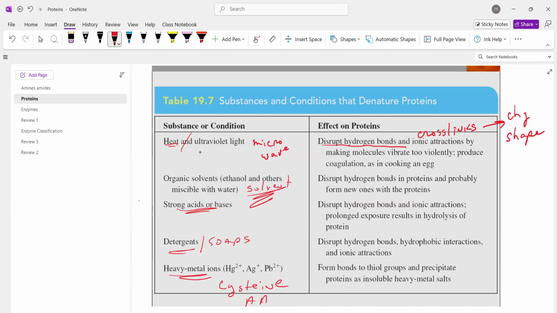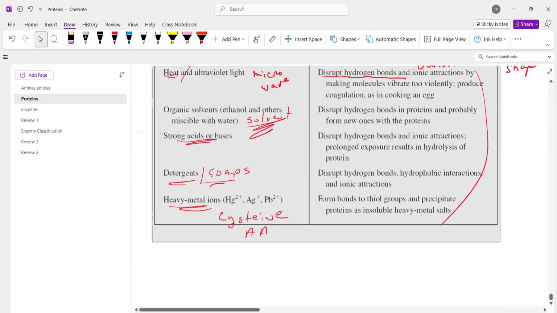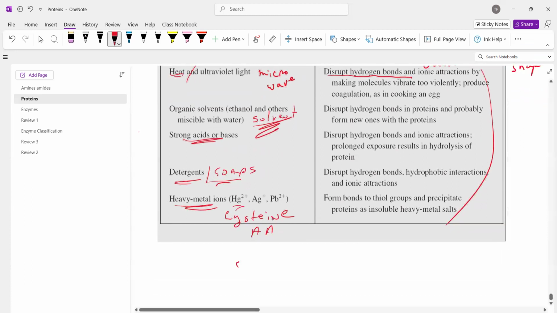Strong acids or bases will hydrolyze the amide bonds. Soaps and detergents affect, again, the cross-links. These are all cross-link related. Heavy metals bind to the cysteine amino acid, in which case, if these were involved in an enzyme, that enzyme would no longer function.